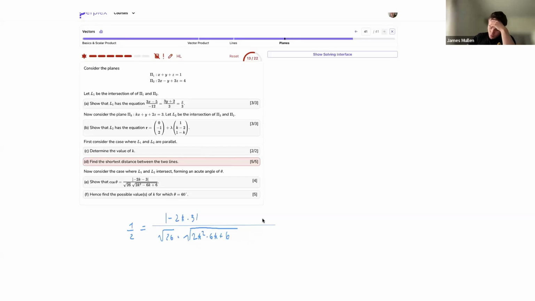If I square both sides, I'm going to get 1 over 4. And if I square the absolute value, they're going to be positive anyway, so I can just write minus 2k minus 3 squared. And it's going to be divided by 26 times 2k squared minus 6k plus 6.